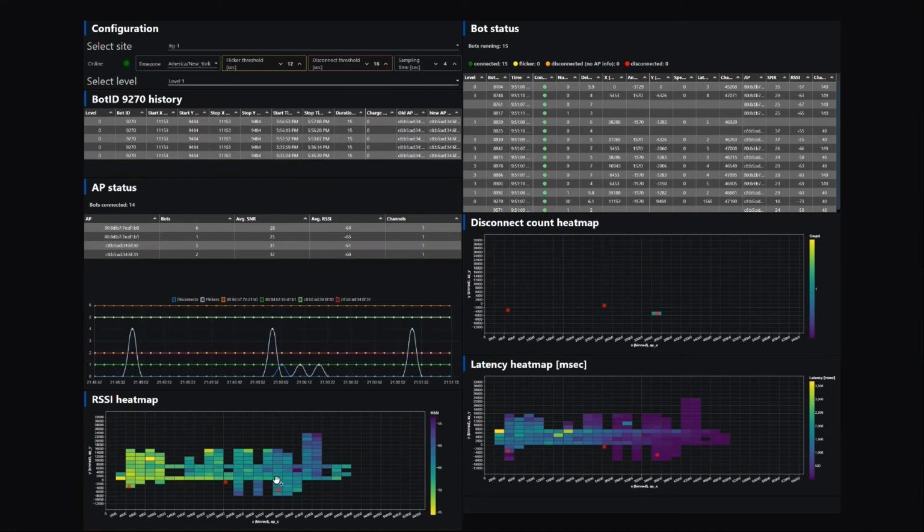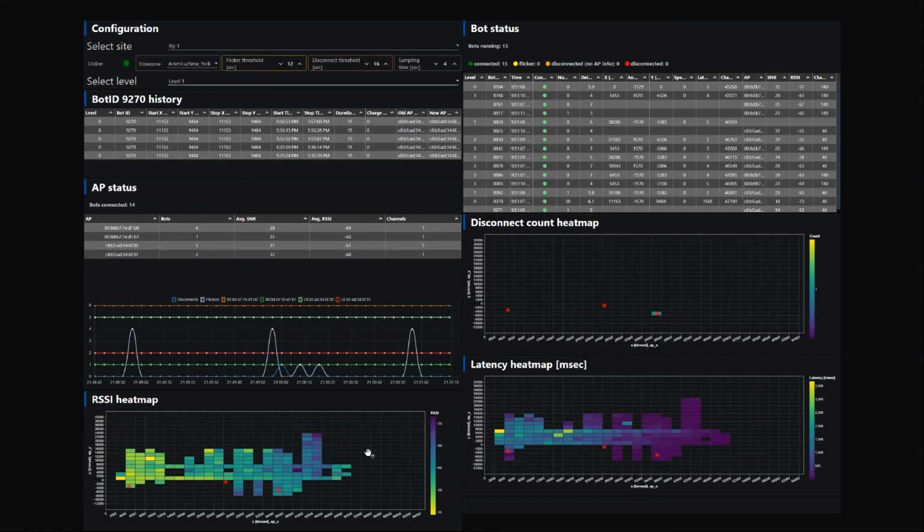You can also get statistical plots on the received signal strength and latency as a function of the layout of the warehouse and where the robots are moving, essentially as a function of the location of the robots. So you can quickly start to see there are patterns, right?